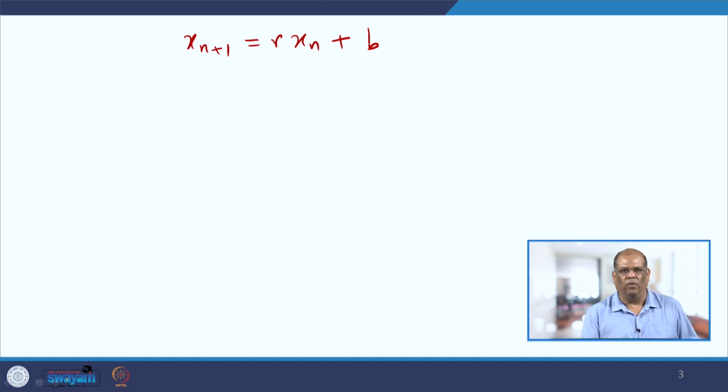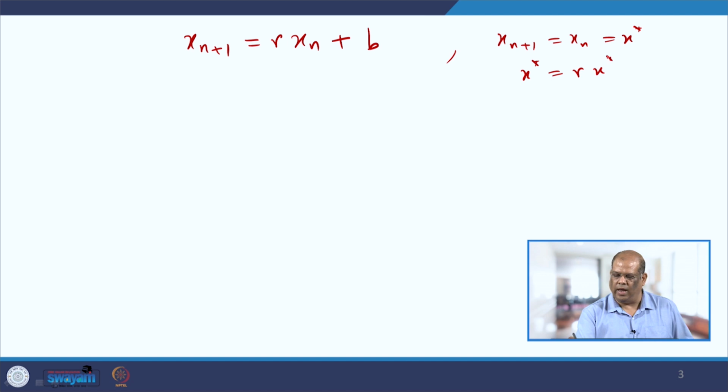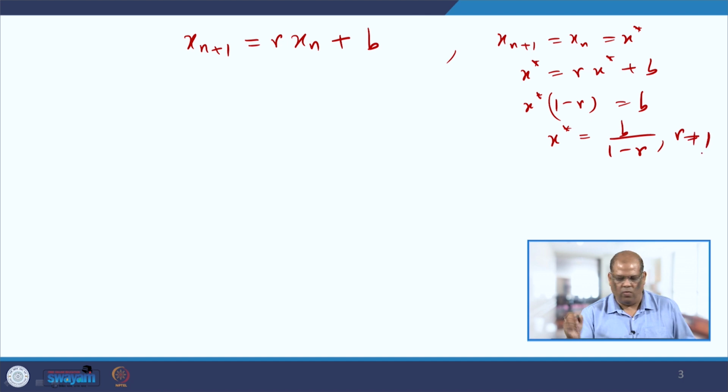If you want to calculate the equilibrium solution, then we replace x n plus 1 and x n by x star, because there is no change from n to n plus 1. If you do that, you get x star equals R times x star plus b. So, x star into 1 minus R equals b, and x star is b divided by 1 minus R, and R cannot be equal to 1.